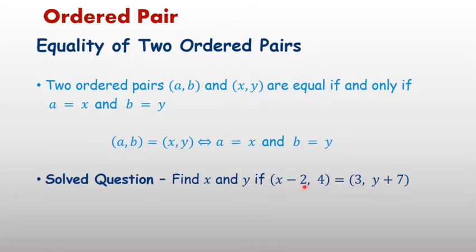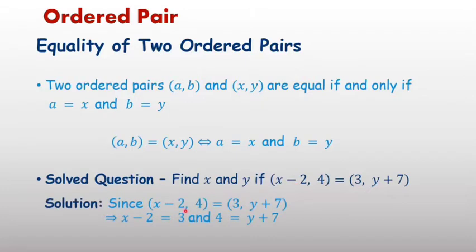Since the two ordered pairs are equal, the first component of the first ordered pair equals the first component of the second ordered pair, and the second component of the first equals the second component of the second. Here the first component is x - 2. It implies x - 2 = 3 and 4 = y + 7.